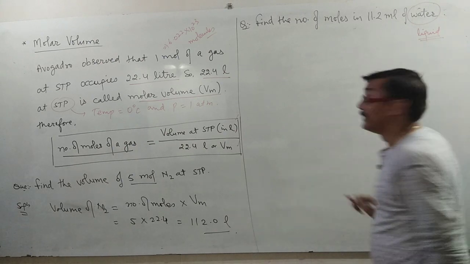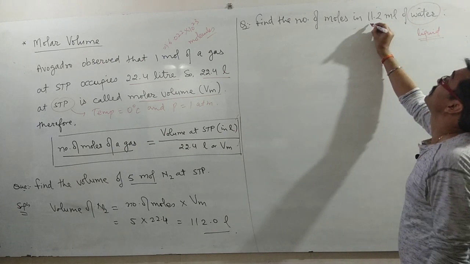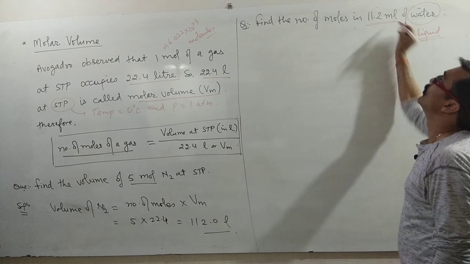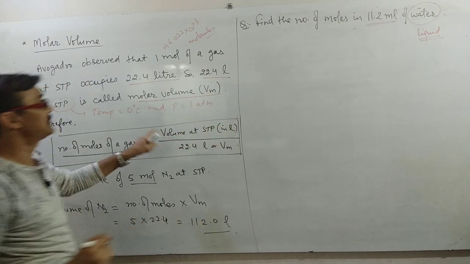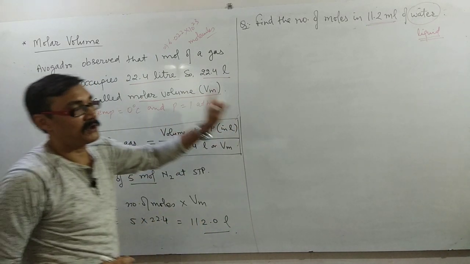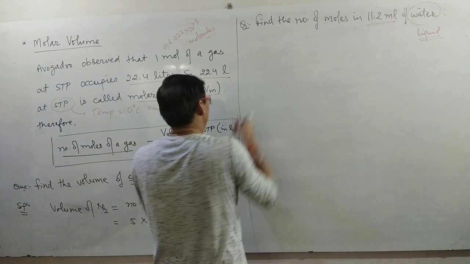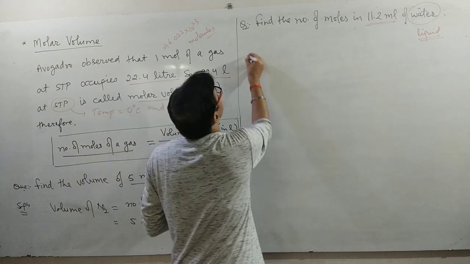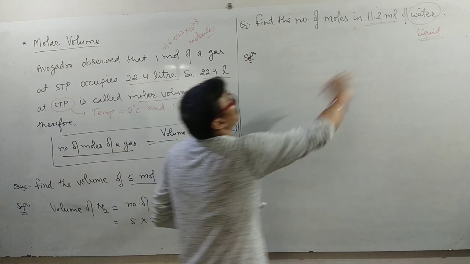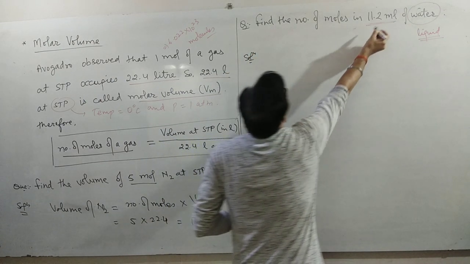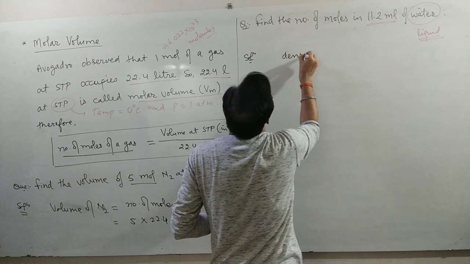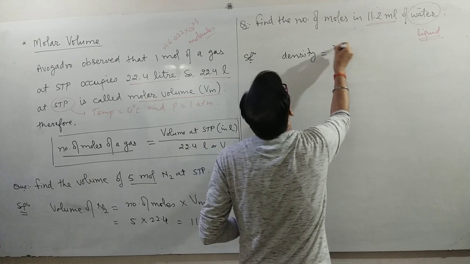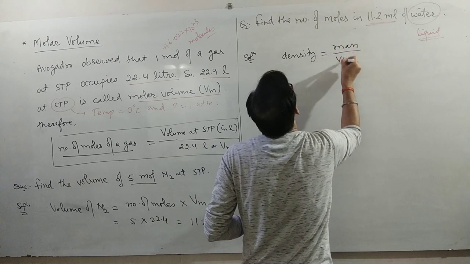That is why we should convert its volume into mass. We can't apply this formula because water is not a gas. So for its solution, we have to change volume into mass, and we know very well that the density of any substance is mass by volume.